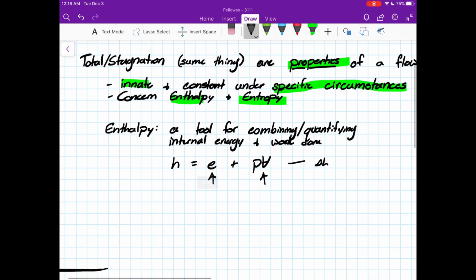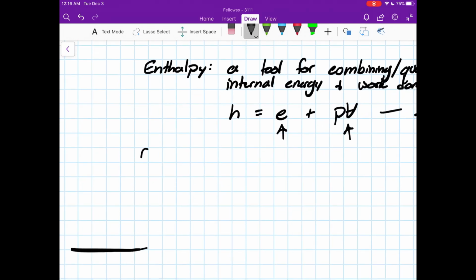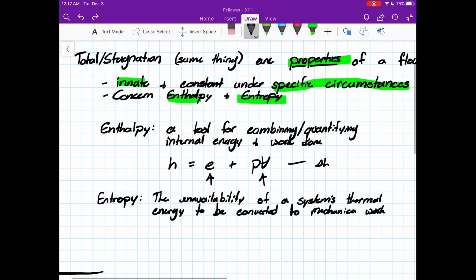And then we also have entropy, which is this guy right here. I had to take a quick second to go look that up, but I like this definition, the unavailability.